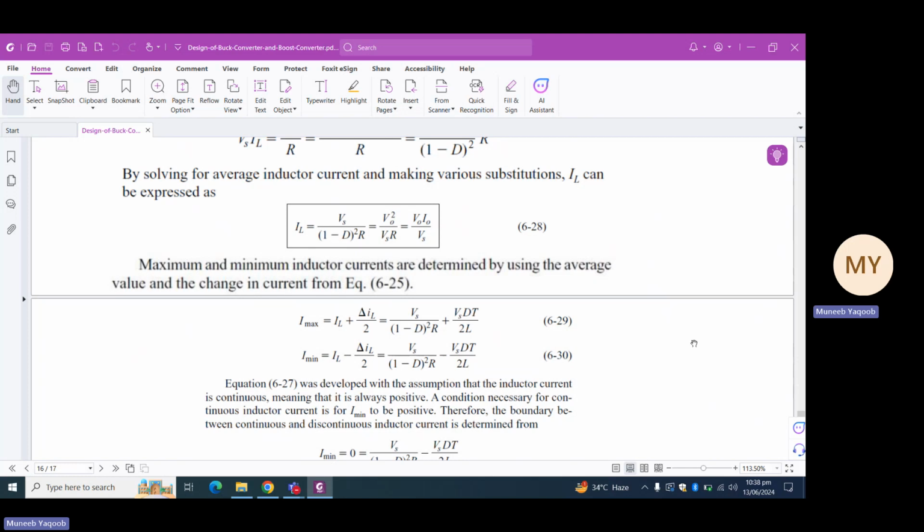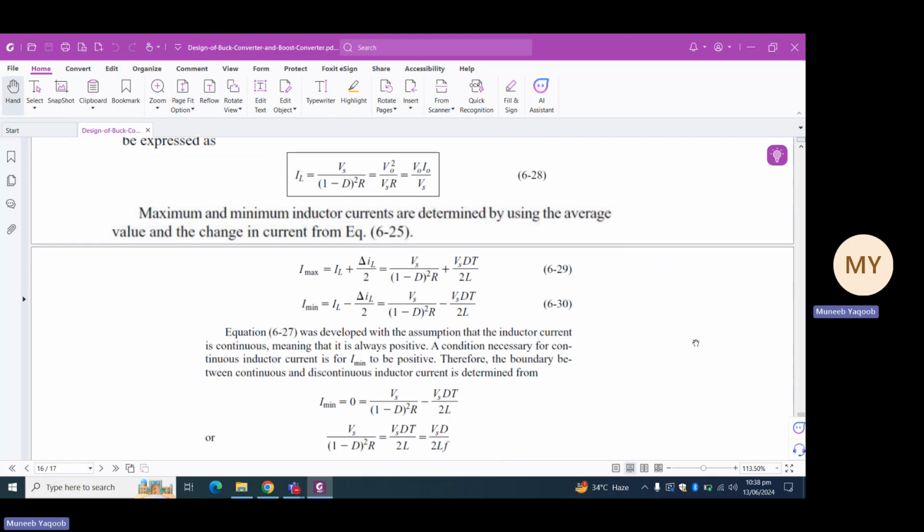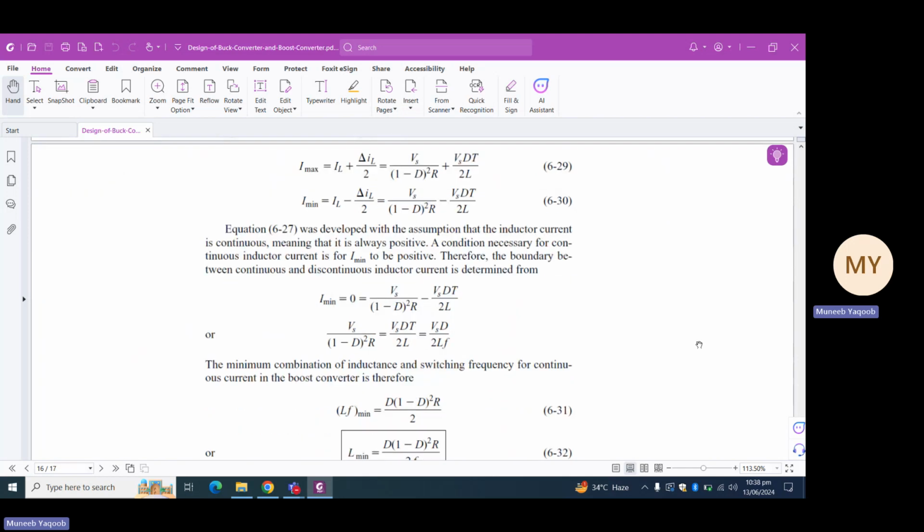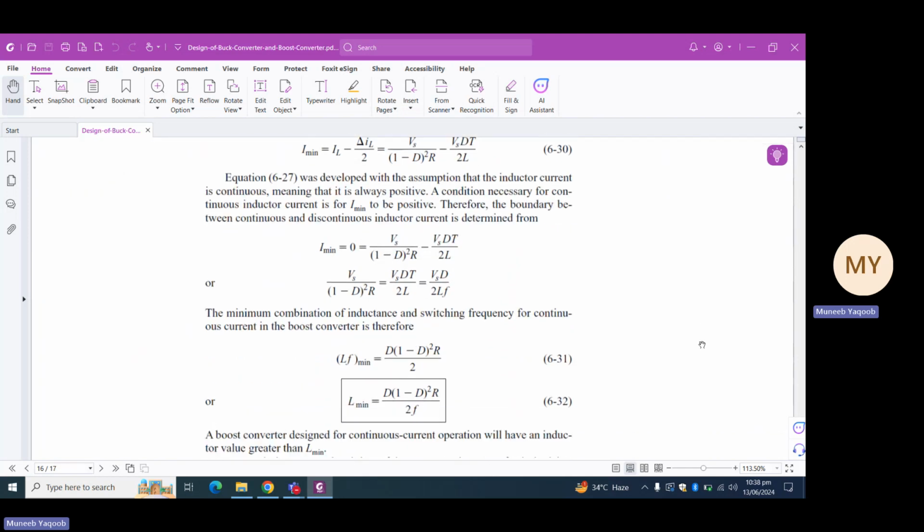Since the boost converter is also operating in continuous conduction mode, we take I minimum equal to 0 and hence find the minimum value of inductance required for continuous current operation. This is represented by equation 6.32.